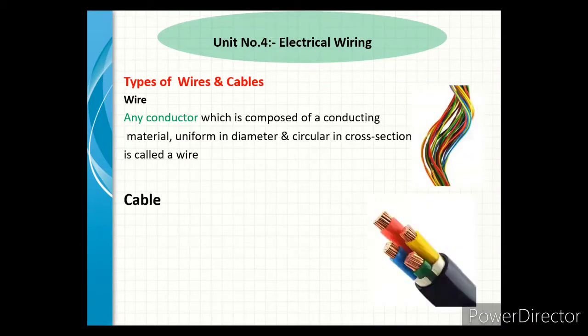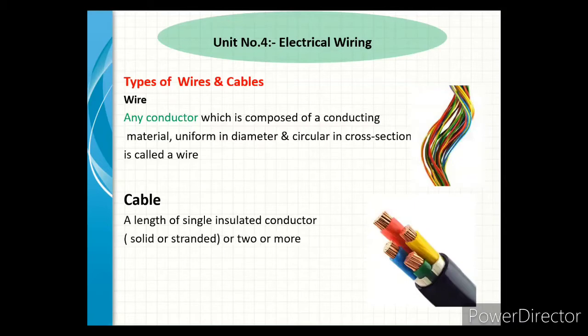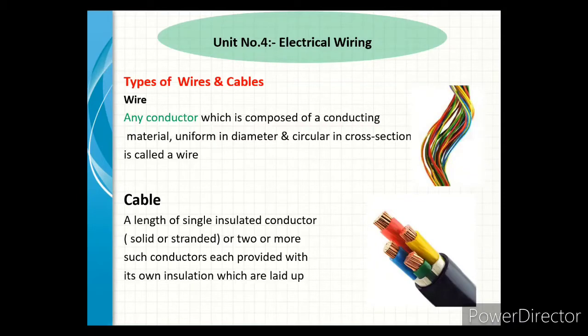Next, cable. A length of single insulated conductor, solid or stranded, or two or more such conductors, each provided with its own insulation, which are laid up together, is called cable.